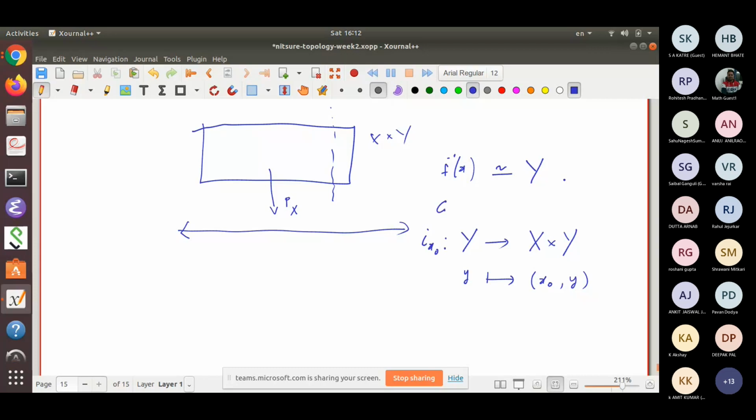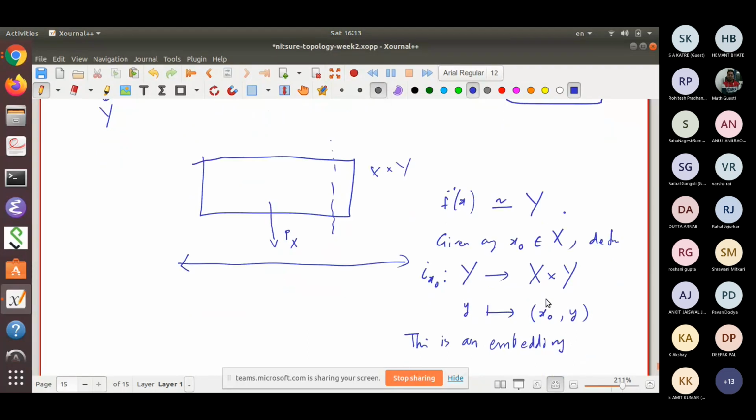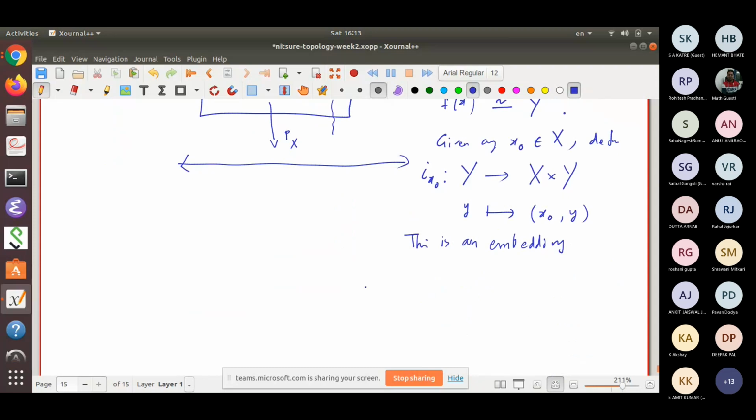So given any x0 belonging to X, this is an embedding. So all these fibers are copies of Y. Per small x0, I have a copy of Y. That copy consists of all x0 comma y.